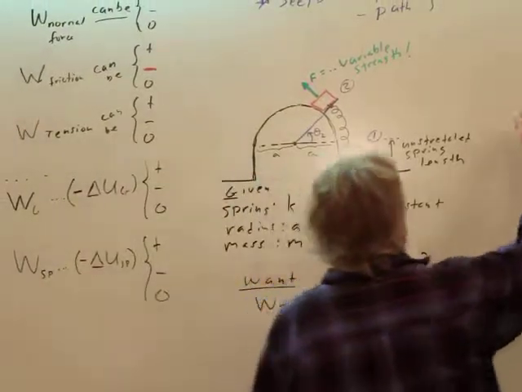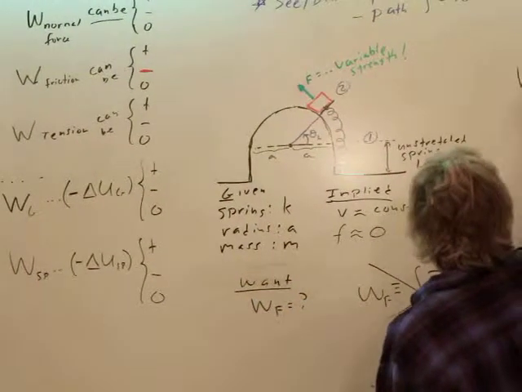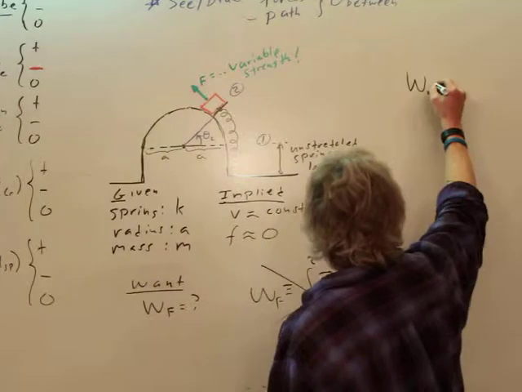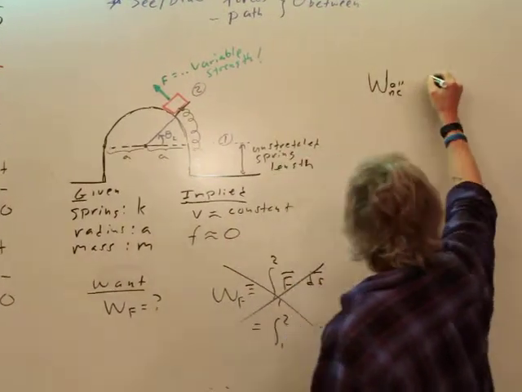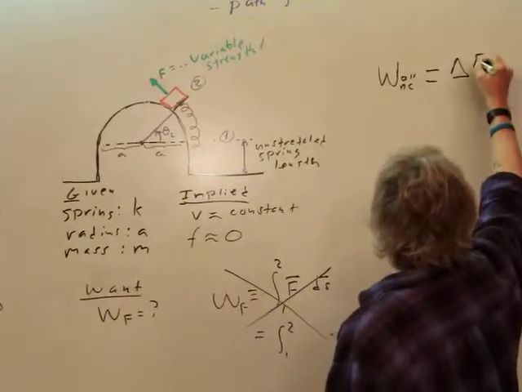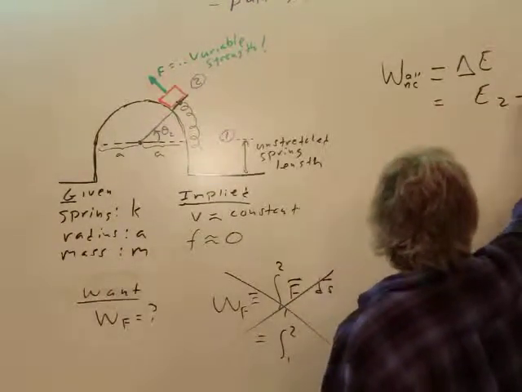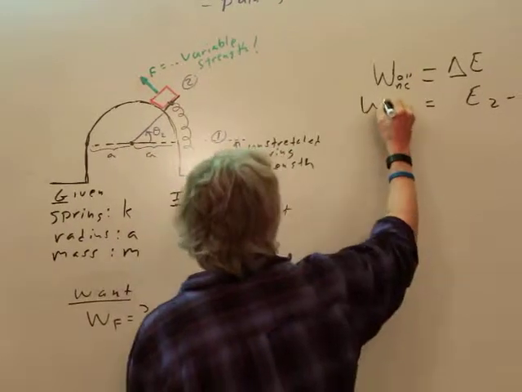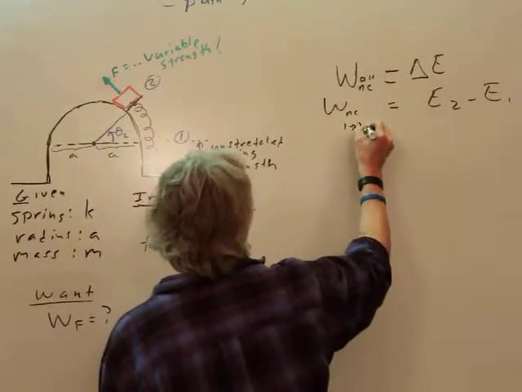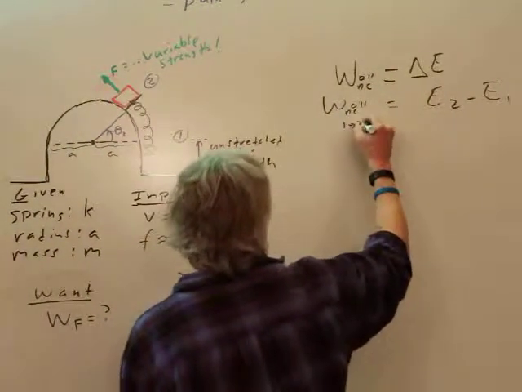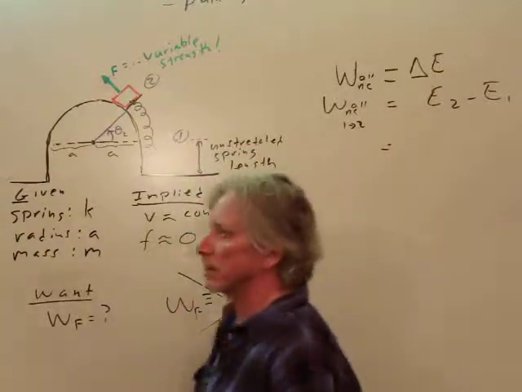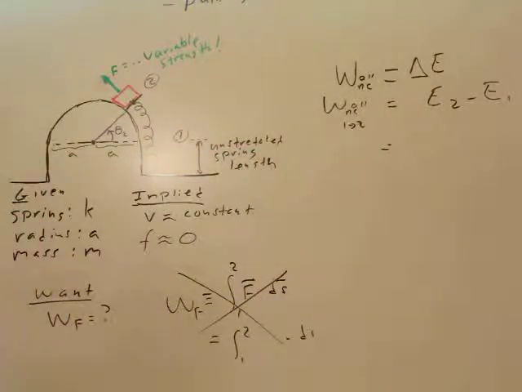What if I say the work due to all non-conservative forces causes a change in E? That means E2 minus E1 is the work non-conservative from 1 to 2 for all forces. All right, fine. Let me take a look at this. What have I got at 1?